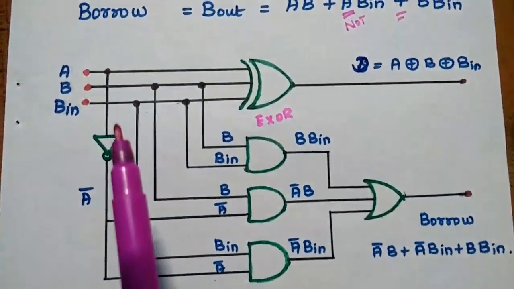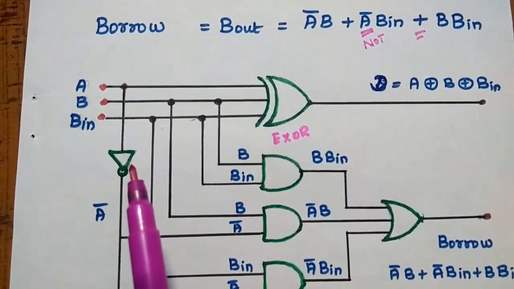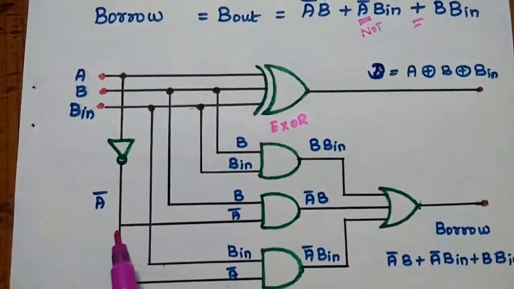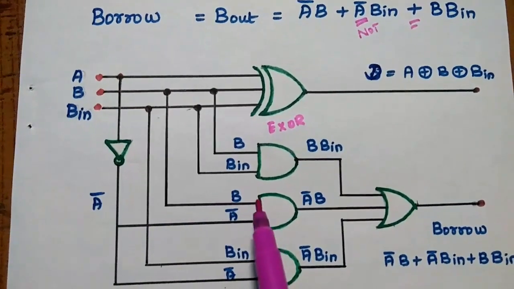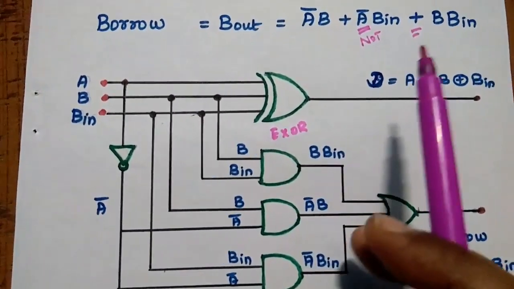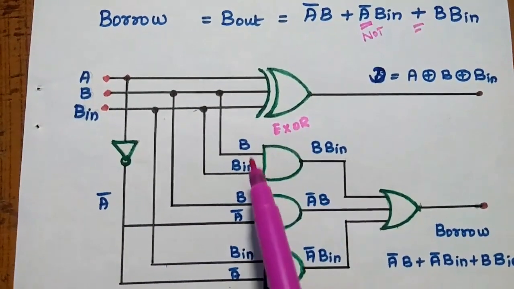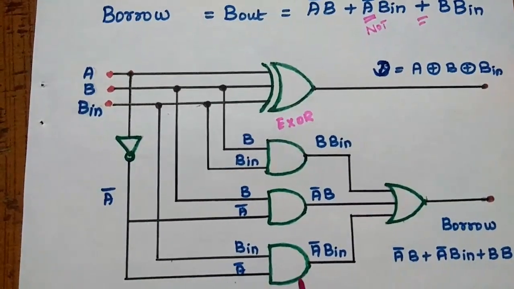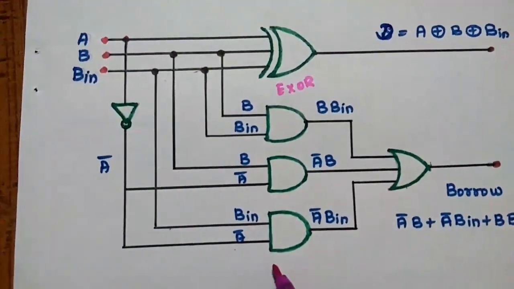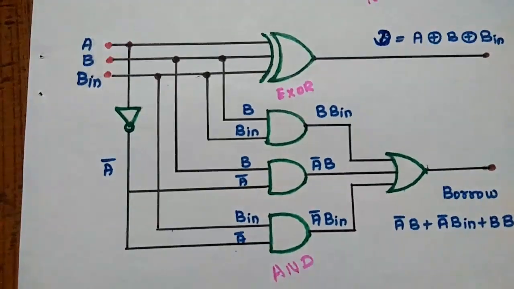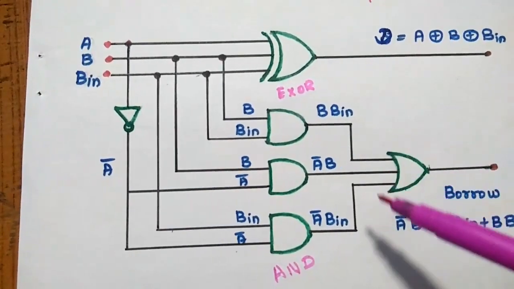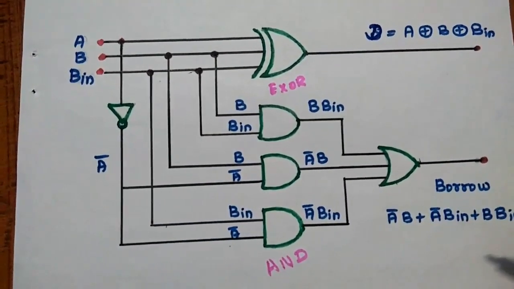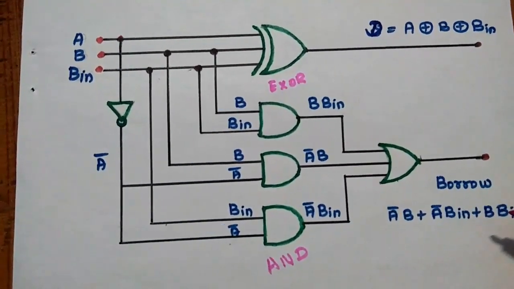So A bar can be obtained by using one NOT gate. We can obtain A bar B here. This A bar and B are given to one AND gate, and B, B in are both given to one AND gate. Likewise, A bar, B in are given to one AND gate. So 3 AND gates are used here. The outputs of the AND gates are given as input to this OR gate to get the borrow value.